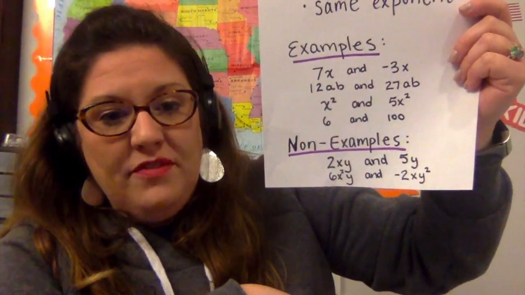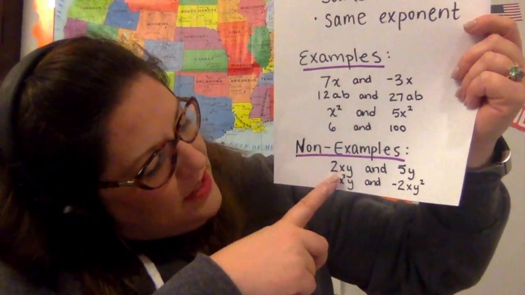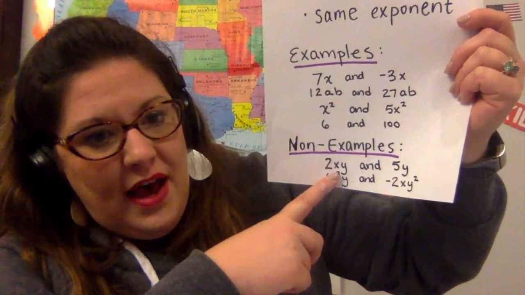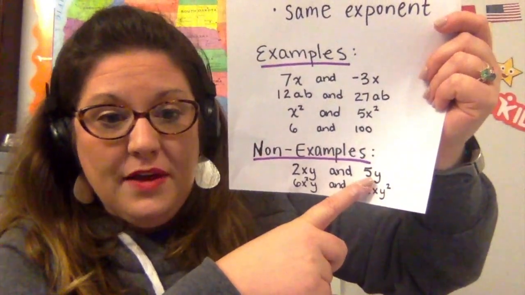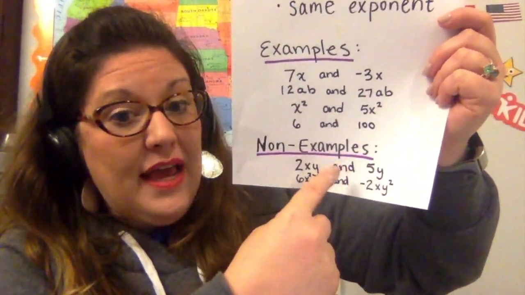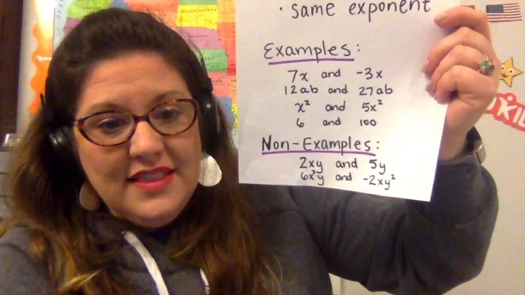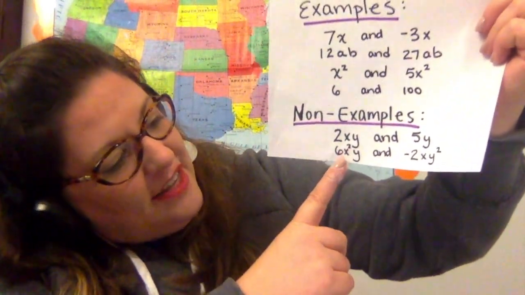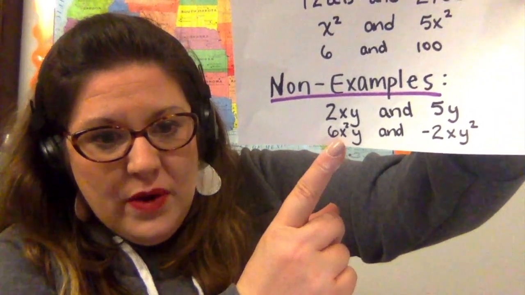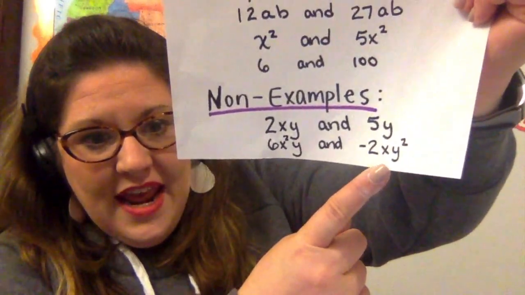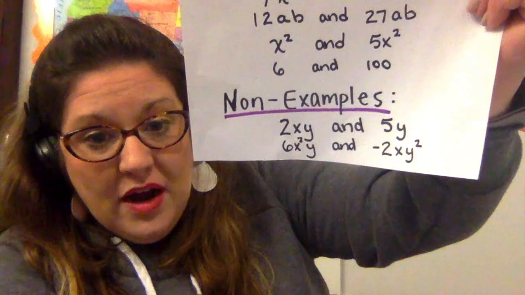Okay, here's a couple of non-examples of like terms. If we have 2xy and 5y. Now they both have a y, but they don't both have an x. So these are not like terms. Looking at the next non-example, we have 6x squared y and negative 2xy squared.